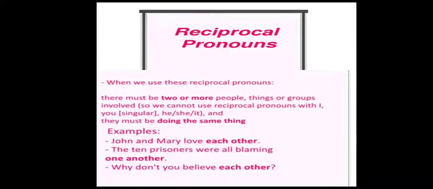Now let us talk about the next example. Why don't you believe each other? So each other, over here also the subject is not singular and the word used as a reciprocal pronoun is each other.